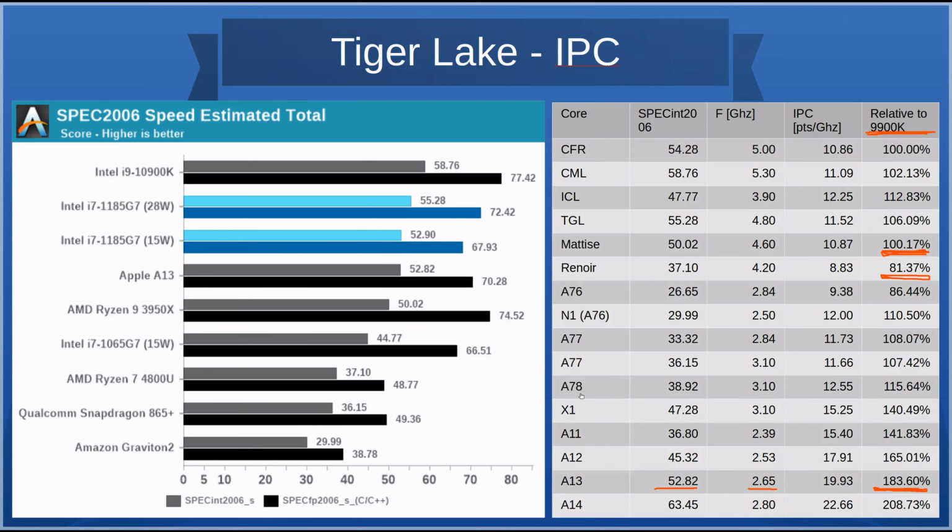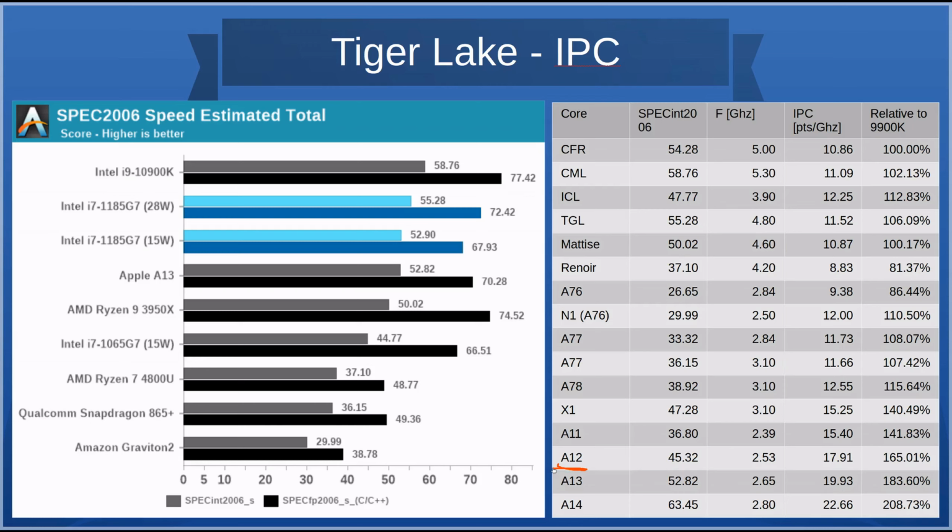And because Apple also released some new information about the A14, I put in a prediction. According to Apple, the A14 should be 40% faster than the Apple A12.